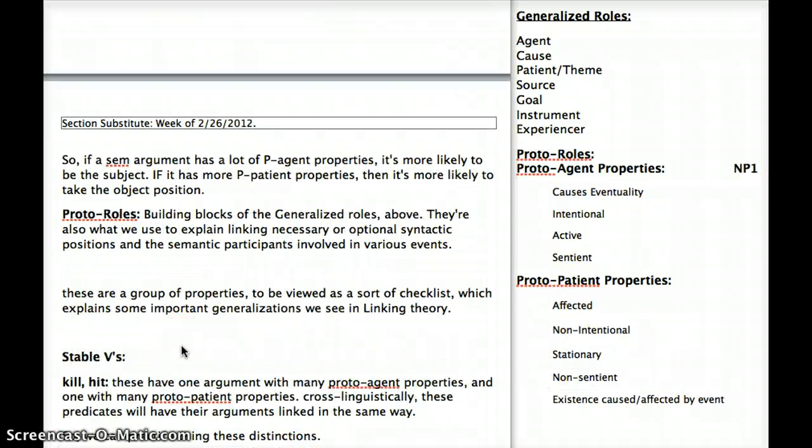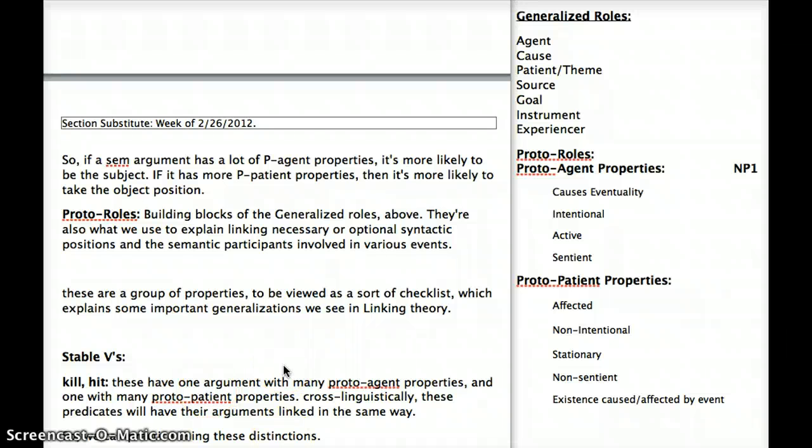So these are going to be considered stable verbs when there's one argument with many proto-agent properties in the event, and then there's another argument in the event that has many proto-patient properties.